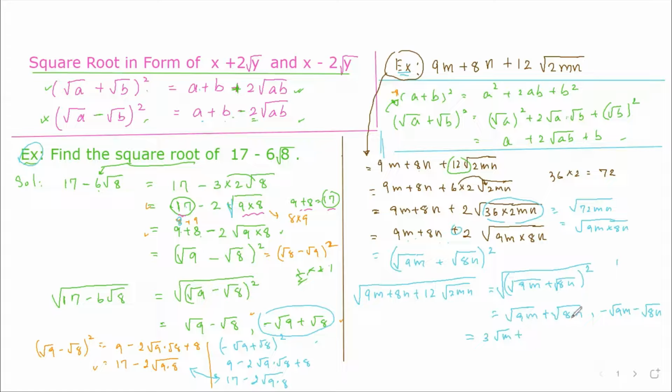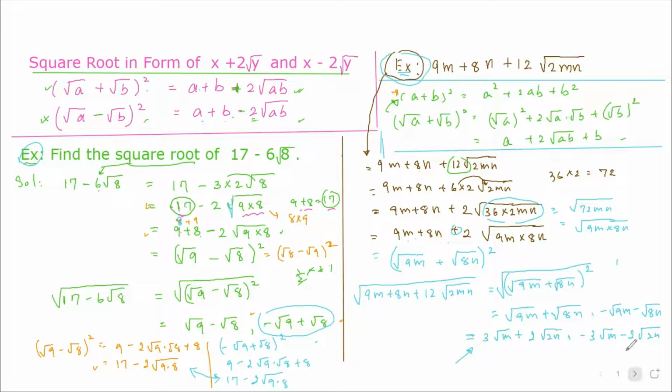Plus 8 is what? 2 taken out, square root 2n. That's one answer. And this one do the same way, become minus 3 root m minus 2 root 2n. So maybe this one is nicer because it really can be the final answer because we can take the square root. Okay, so this is the answer for this example.